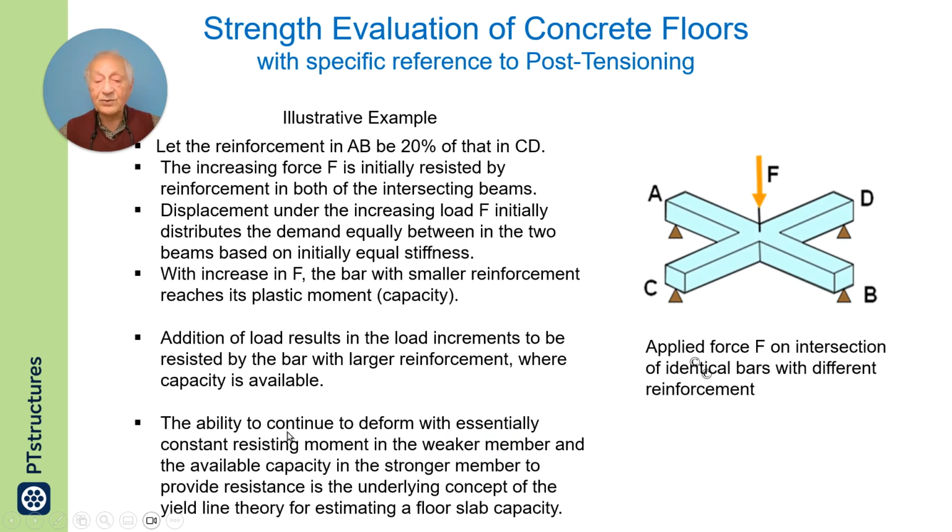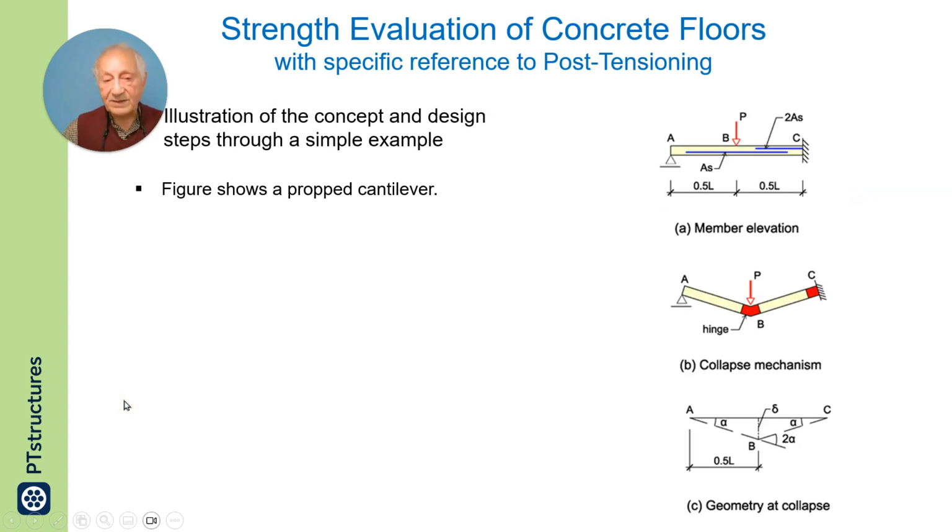The ability to continue to deform with essentially constant resisting moment in the weaker member, and the available capacity in the stronger member to provide resistance, is the underlying concept of the yield line theory for estimating a floor slab's capacity. Now, I want to illustrate that in a more familiar example, a cantilever.